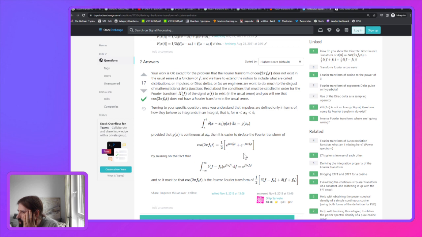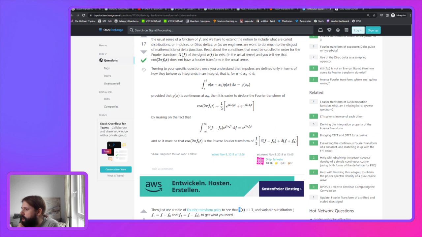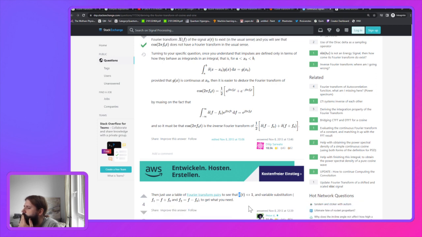So what this is saying is you do this subtraction, this addition, and then, wow.